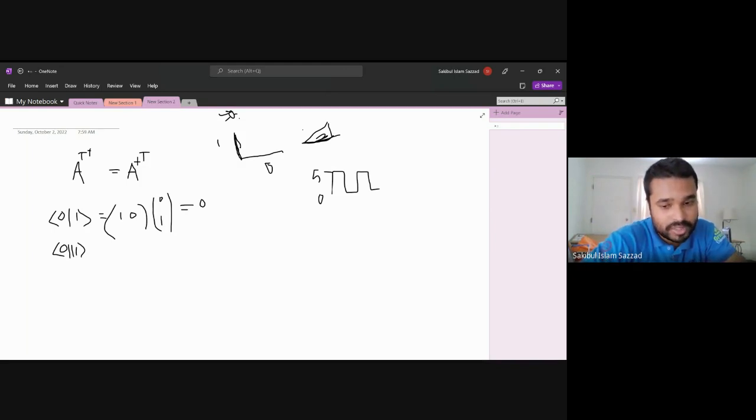Basically, these are the projections, and projection depends on the basis states. In this case, our basis states are 0 and 1. I will show you in a few more minutes.